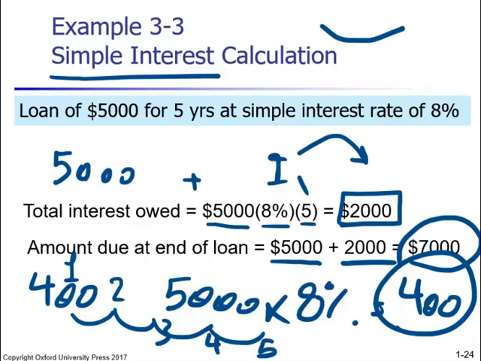So now, in fact, your brilliant mind is guiding you to the concept of compound interest, the type of interest where you get interest on the interest.